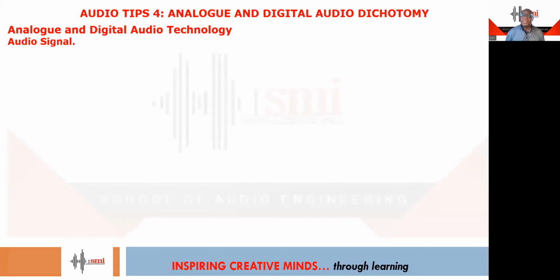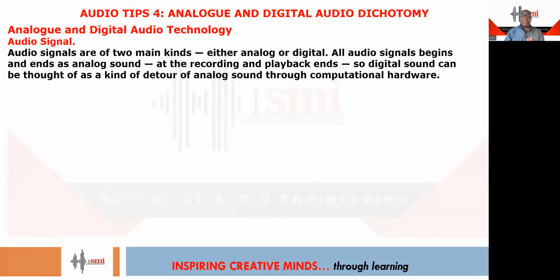Now, I've talked about audio signal before, in the first episode, which we call the fundamentals of audio engineering, but let me just reiterate it here. Audio signals are of 2 main kinds, either analog or digital. We all know that.